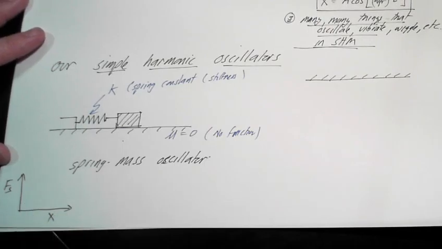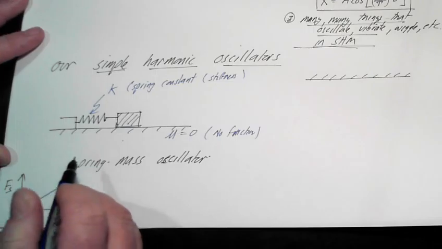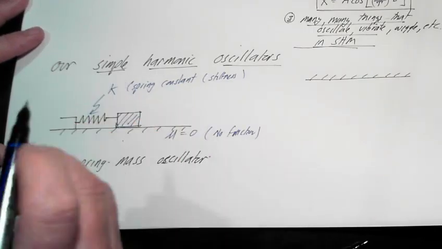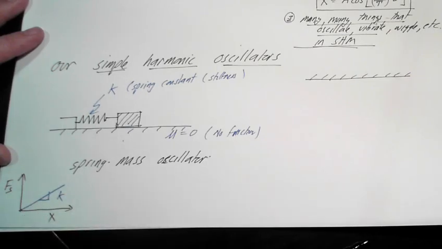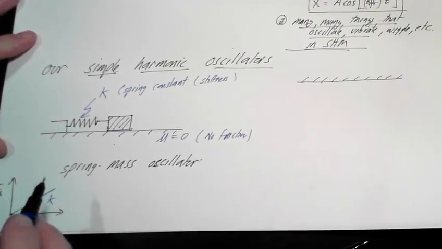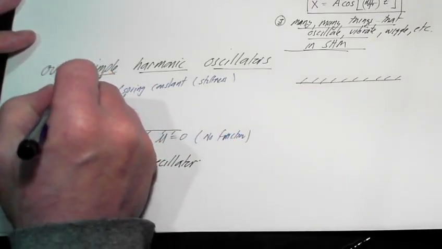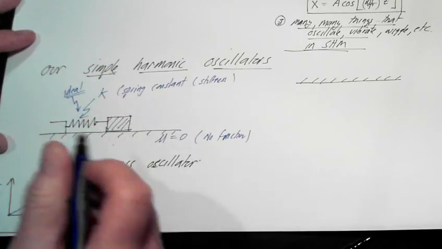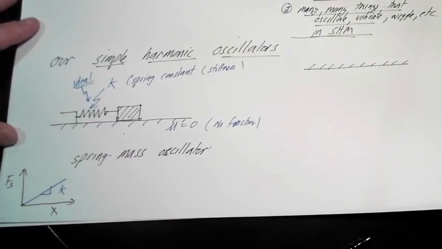And this is an ideal spring. So basically, the spring constant is the slope of that spring force versus stretch or squish graph. I guess we should also mention that our spring is going to be ideal. That's already understood. And that just means an ideal spring is one that follows Hooke's law.